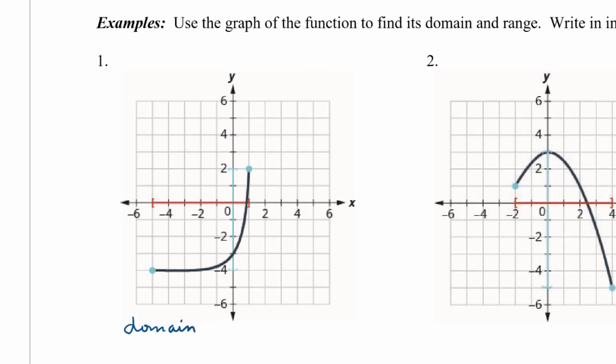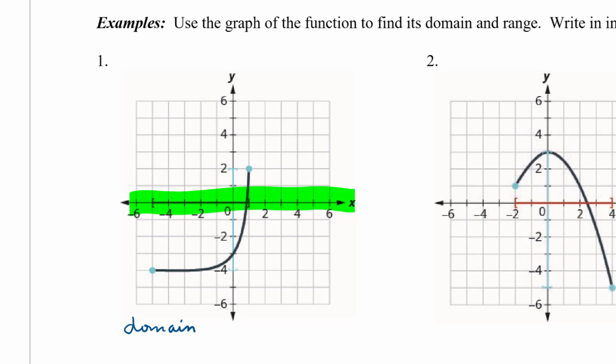To find the domain of a function, when you're given the graph, you're going to look left to right on the graph because our x values are represented by this horizontal axis, right? So I need to know what's the smallest value that my x can be in this graph, and what's the largest value that my x can be in this graph.